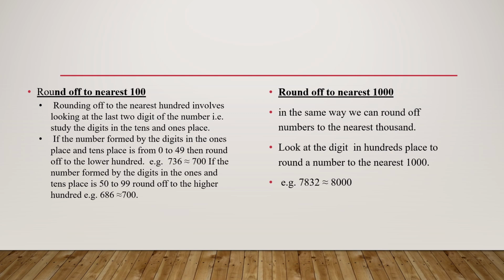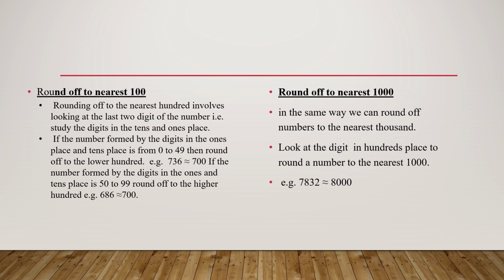If the number formed by the digits in the ones and tens place is 50 to 99, round off to the higher 100. For example, 686. 86 is greater than 50, so we will round up to the next 100, which is 700. Round off to the nearest 1000.